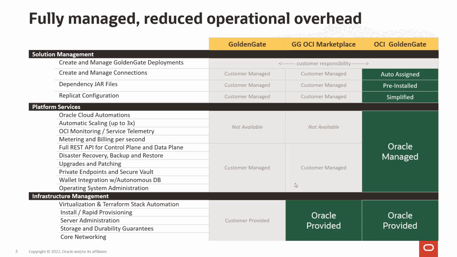And we have a connections framework that is automatically creating connections and assigning them to your GoldenGate deployments. And finally, the only thing that you're responsible for is designing your extracts and your replicats, the replication processes, which is what's going to provide value to your company. So this is the only thing you have to focus on. So these are the differences between the different flavors of GoldenGate.